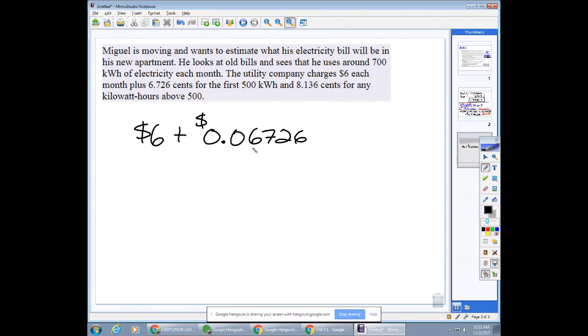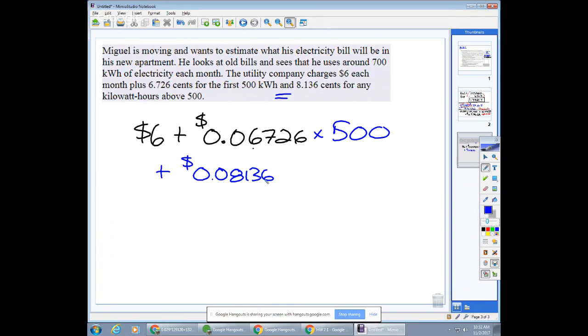Now, assuming that they use over 500 kilowatts, then I'm going to have to multiply by 500 kilowatts next. And then I have to add on this 8 cents. What's 8 cents going to look like in dollars? 0.08, blah, blah, blah, right? So I'm going to write the dollar sign in there for now. 0.08136 times anything they use above that.